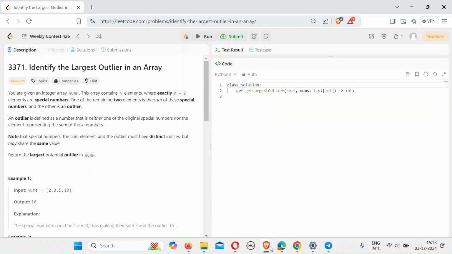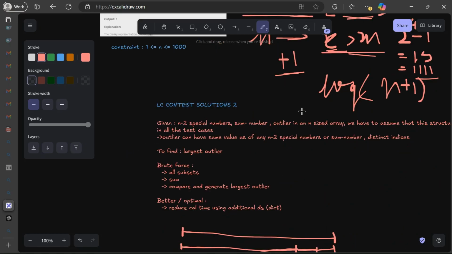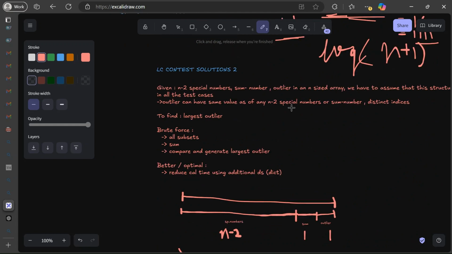Let's understand the question towards the solution. So here n minus 2 special numbers, a sum number, an outlier, and the size of the array. We have to assume that an outlier is present for all test cases.